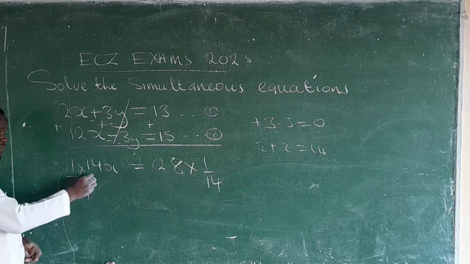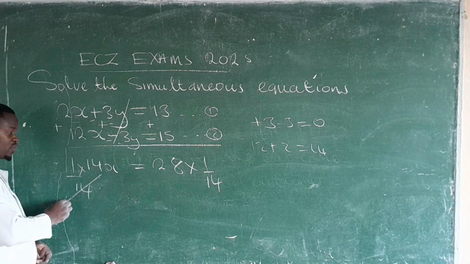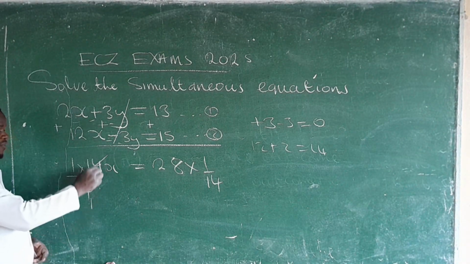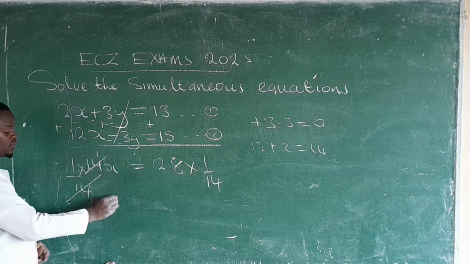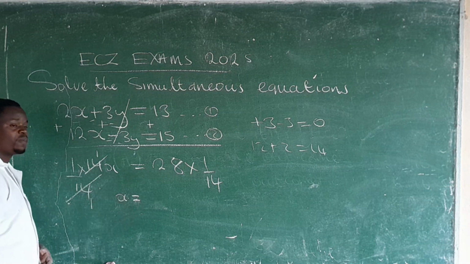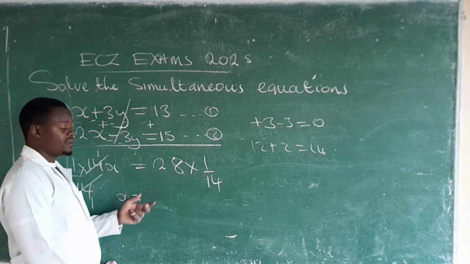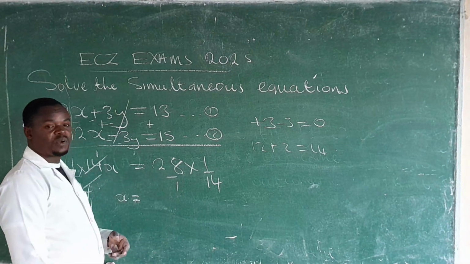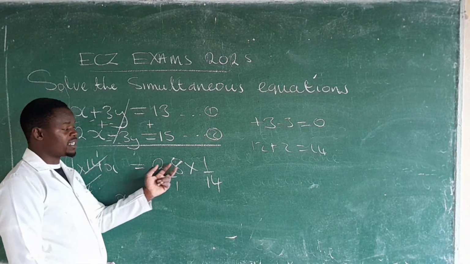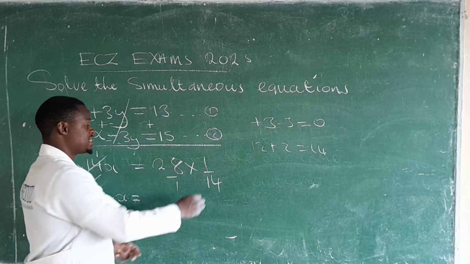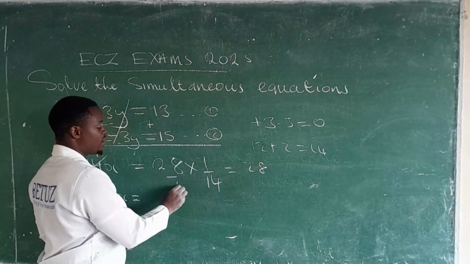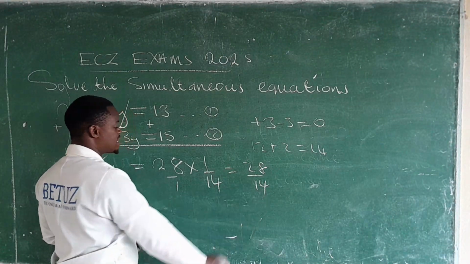So when you multiply by the multiplicative inverse, 14 there, 1; 14 there, 1; 1 times x will give us x, which is equal to, on this side, we can have a 1 there, and then we multiply 28 by 1, which gives us 28. Then 1 times 14 will give us 14.